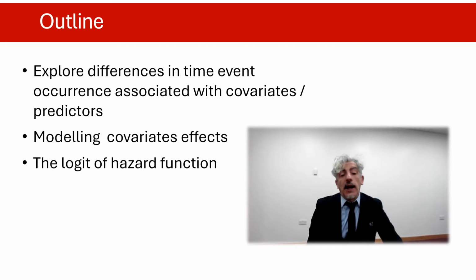Once again, I highlight that I will only present examples that apply to discrete time event occurrence, so events that are measured in coarse time units like years. And I do this because, again, I believe that these examples provide a strong foundation for understanding more sophisticated survival analysis methods like Cox regression models.